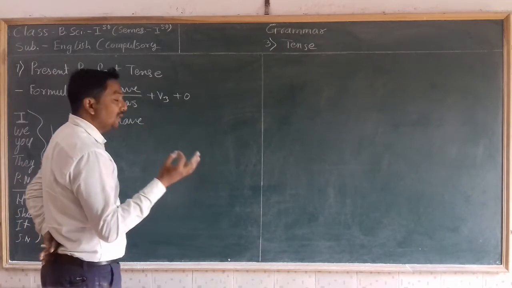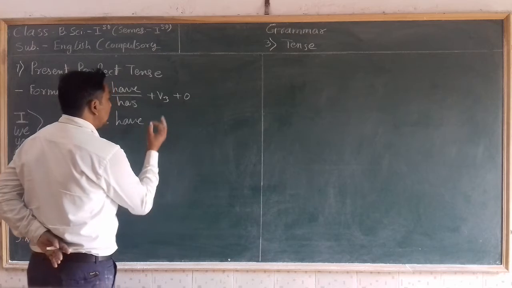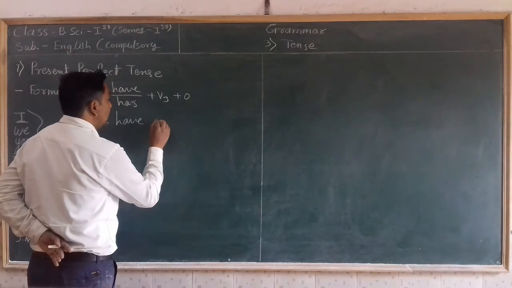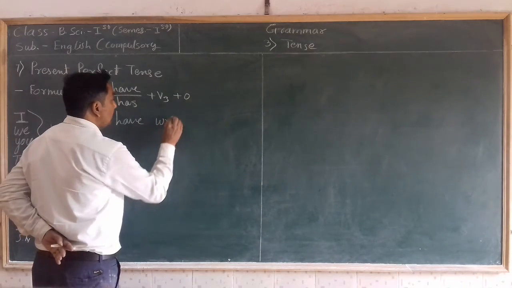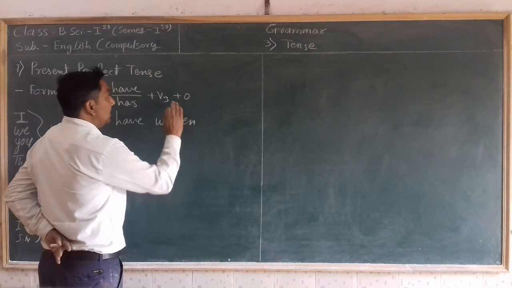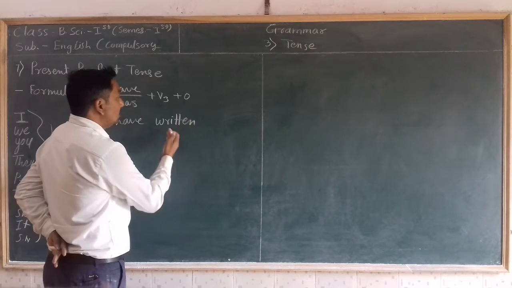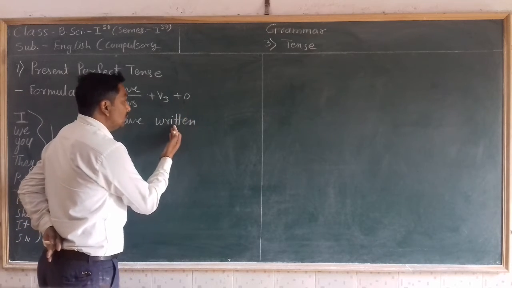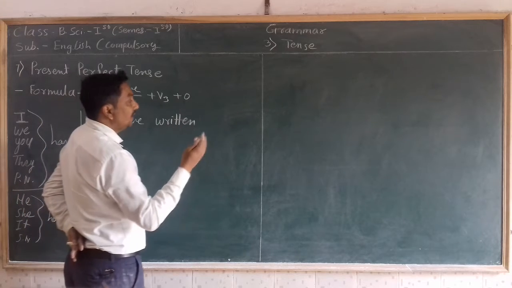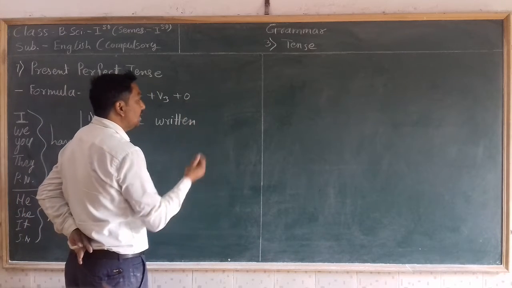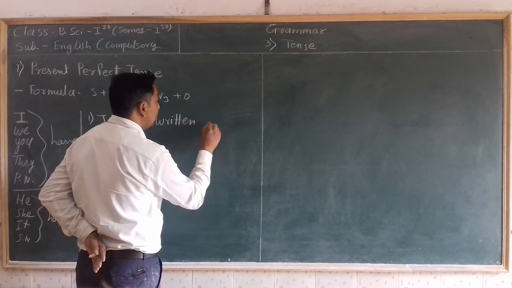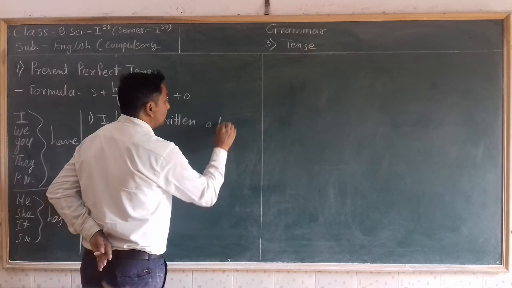So what is the past participle form of the verb? Write's past participle form is written. Then we have to use object. So written, ask the question to the written, what is written? An essay, letter, anything we can take as an object. So let's take here a letter.